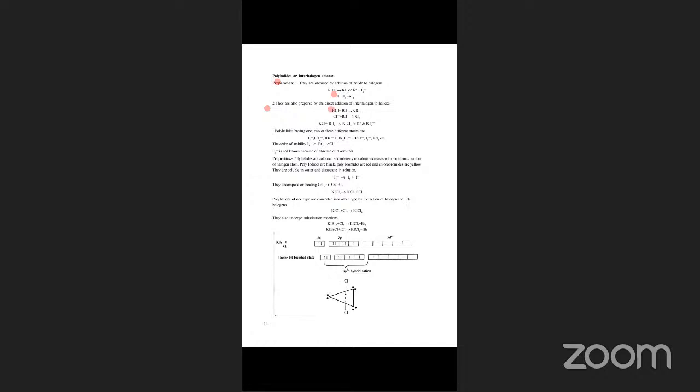KCl plus ICl, where ICl is an interhalogen, forms KICl2. The chloride ion reacts directly with the ICl interhalogen. These are the preparation methods.